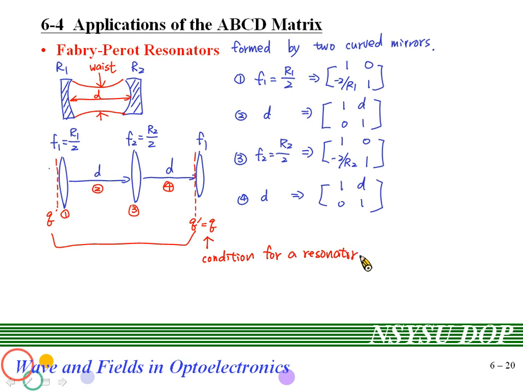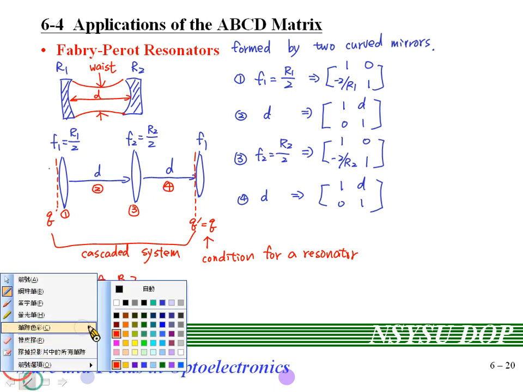Our purpose is to find the total ABCD matrix of this cascaded system. Since we know the ABCD matrices of all the subsystems, we can easily find the ABCD matrix of the whole system.